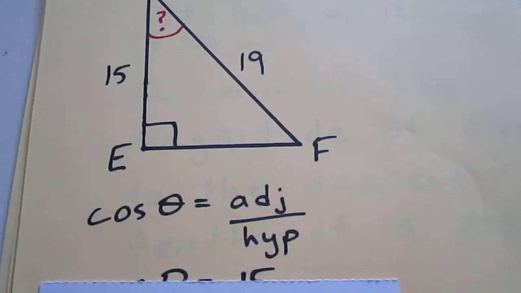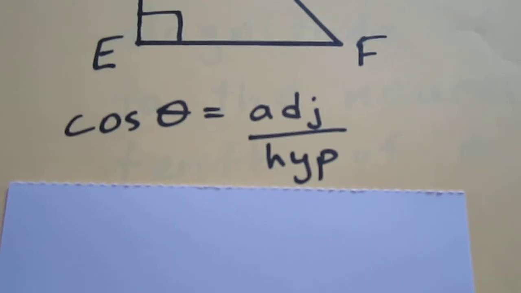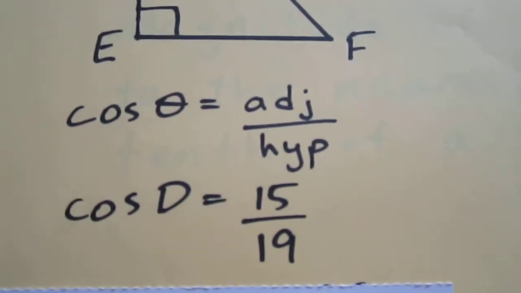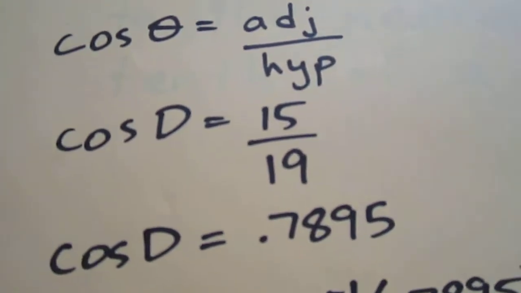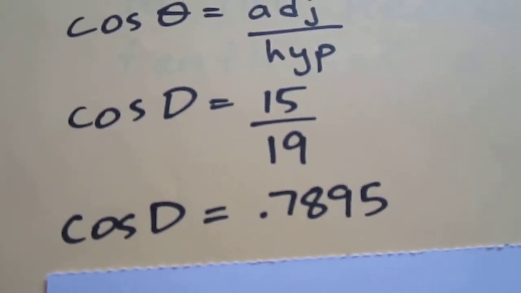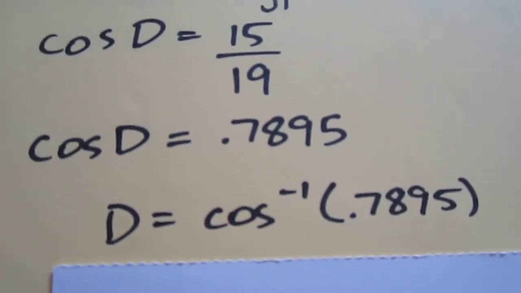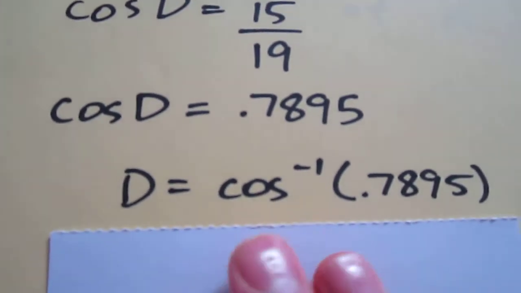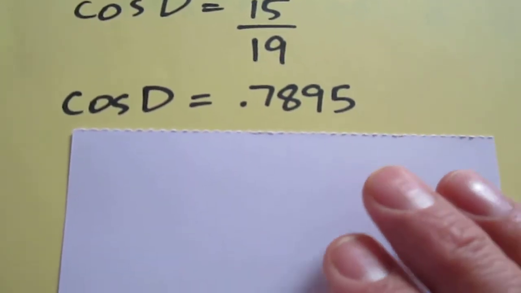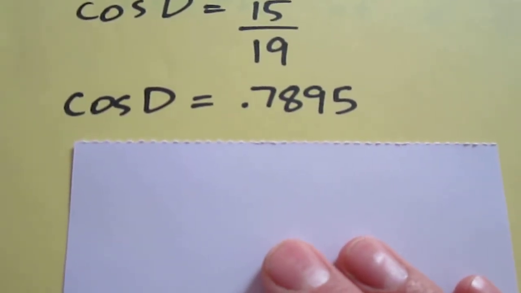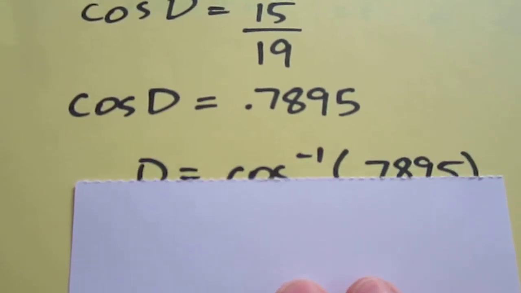So we write out our formula, cos theta equals adjacent over hypotenuse. Cos D equals 15 over 19, which is 0.7895. And we can therefore say, when we know that the cosine of an angle is equal to a specific value, we can find the magnitude of that angle by using the inverse trig function.